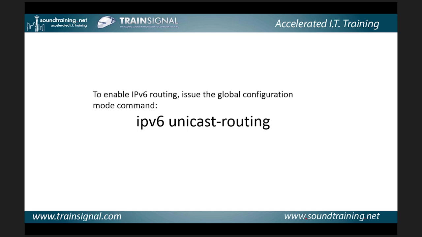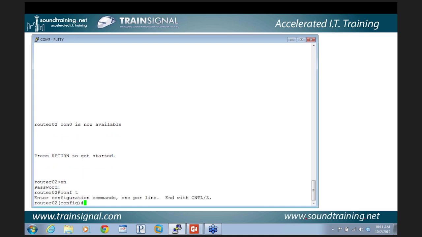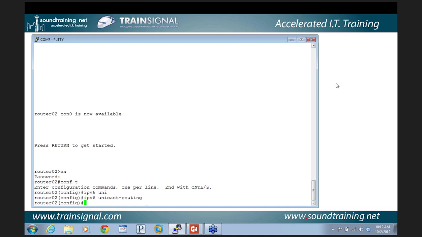So let's actually just switch over to PuTTY and show you that. So we'll go into global configuration mode. So now we're in global configuration mode, and we'll issue the command IPv6 unicast-routing. And I just used the tab completion to do that, and so now that enables it. So pretty straightforward there, but that is required.